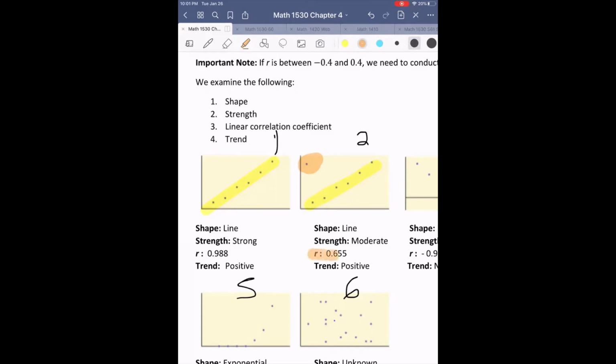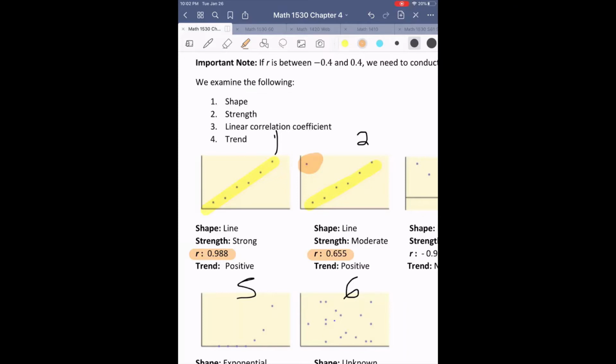And this is illustrated with the R values. Your R value for scatter plot 1 is going to be really close to 1, which tells us that it has a very strong linear relationship. Whereas in scatter plot 2, my R is getting closer to 0.